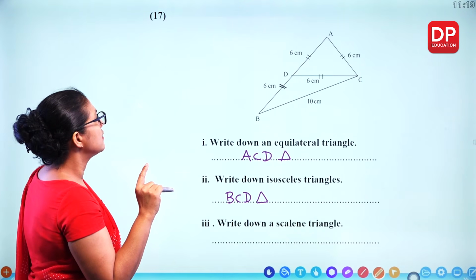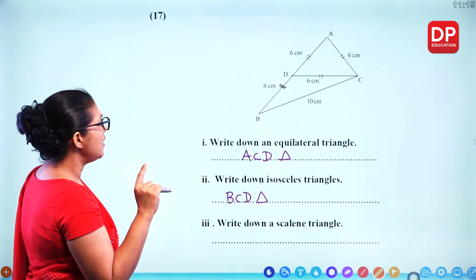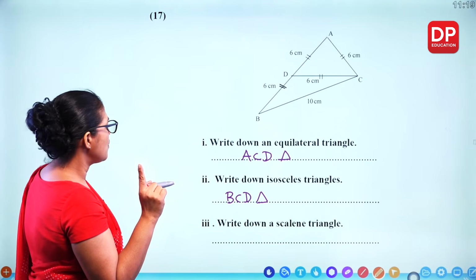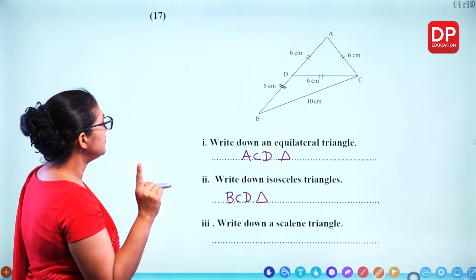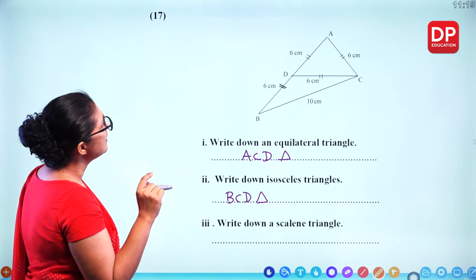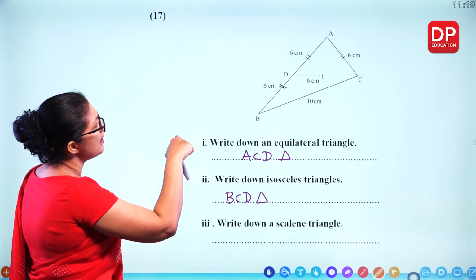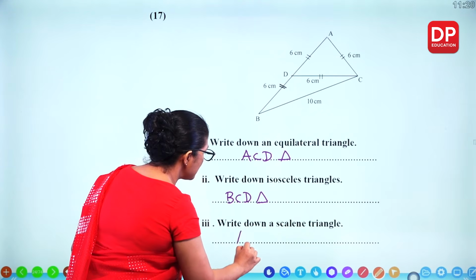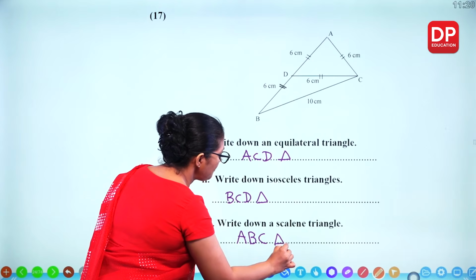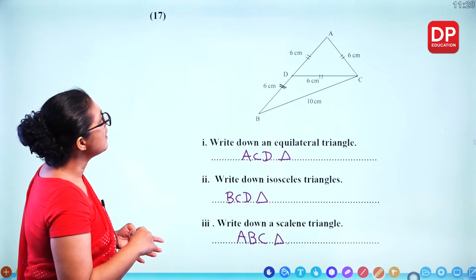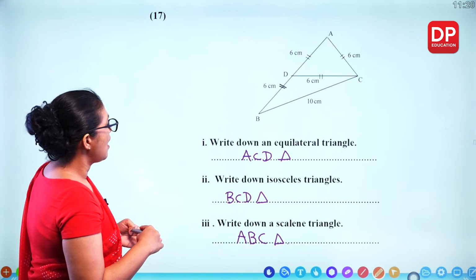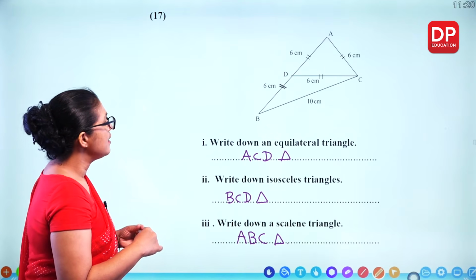So you can write down only one, BCD triangle. Write down a scalene triangle. You get all three lengths different, means the big one. 12, 6 and 10. ABC triangle. That's a scalene one. So you get only one equilateral triangle, one isosceles triangle and one scalene triangle.